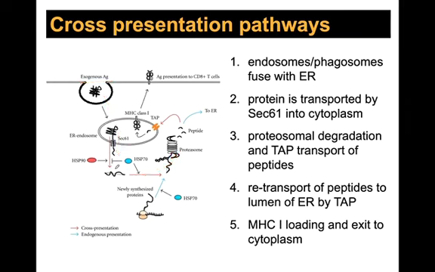So it adds one extra step of feeding stuff into the cytoplasm, and then it's just a normal pathway of proteasomal degradation and refeeding it back into the ER to bind to class 1. So it's kind of like a two-step where it goes into the ER twice. It's first brought in this way from outside the cell, put into the cytoplasm, degraded, and then put back into the ER.